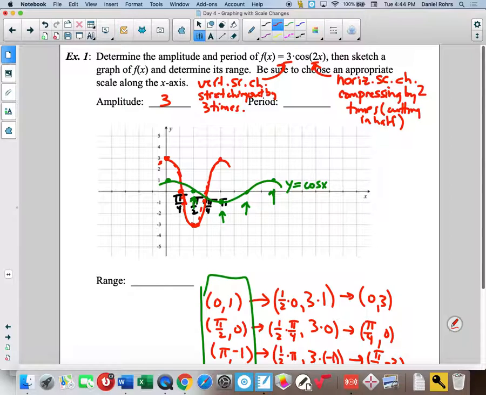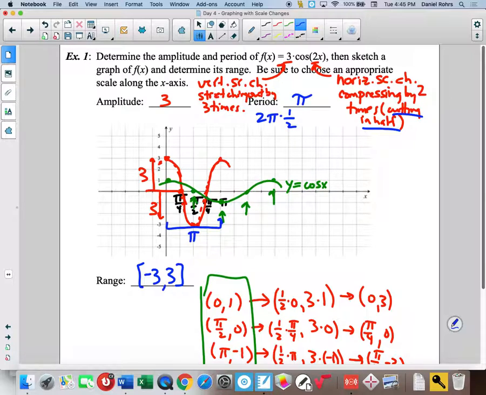Because if you look from the x-axis, which is my midline, up or down is 3 units, and that tells me my amplitude is 3. Also, the period of this function goes from high point to high point, but now the period is pi, which means it's half of what it was. And that's why I said we're really cutting the x-coordinates in half. So my range now goes from negative 3 up to 3.